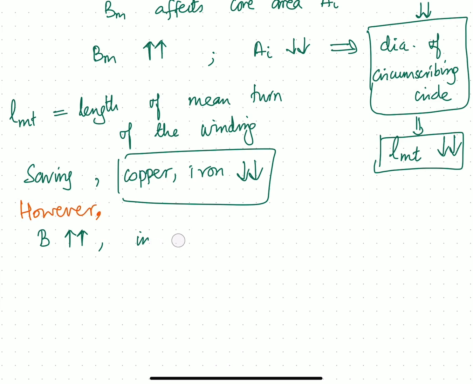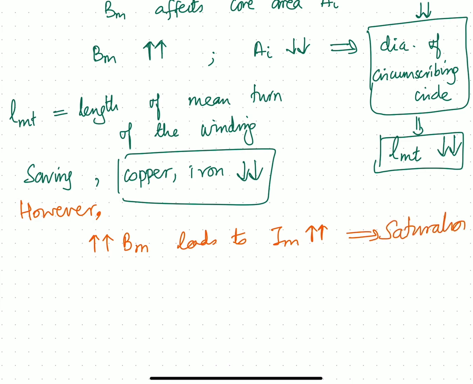Increasing BM leads to increased magnetizing current IM, which may ultimately lead to saturation, and this is a condition that we would like to avoid, right?